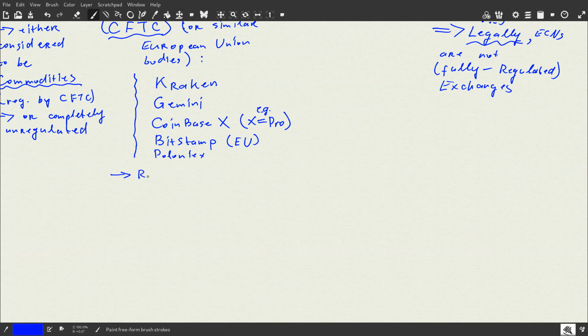So a registration requires, let's say, ID, and normally also residential address verification.